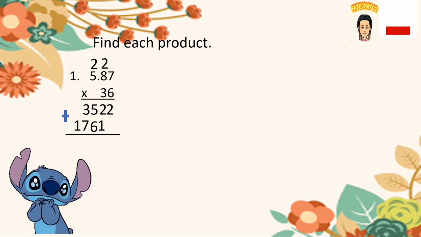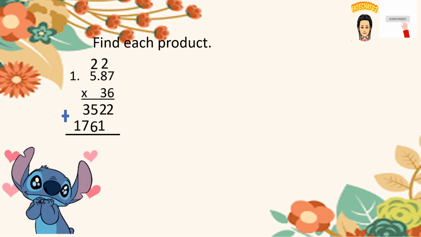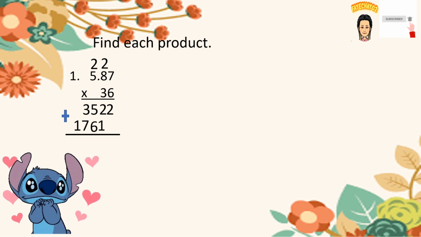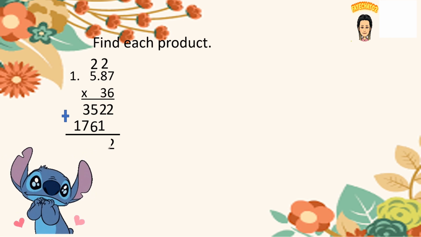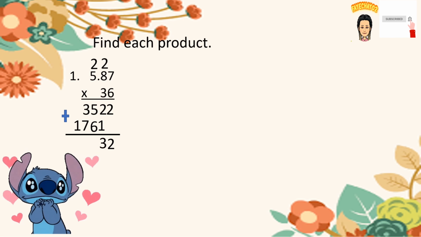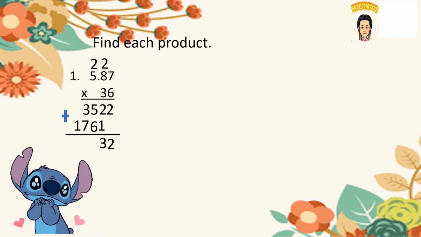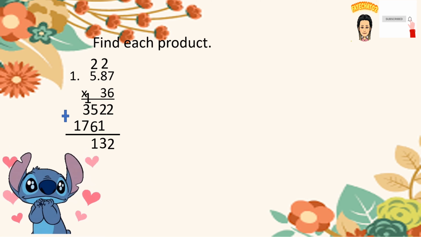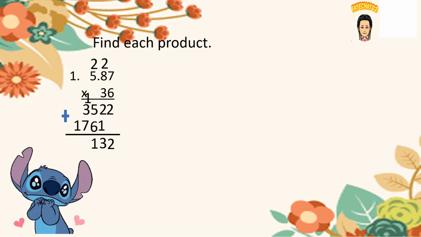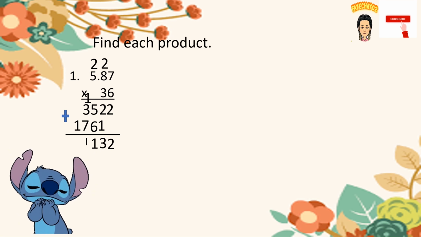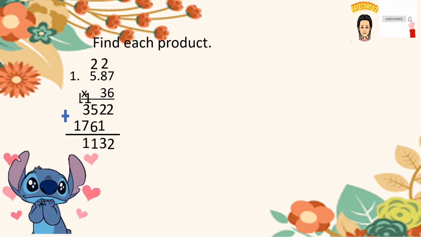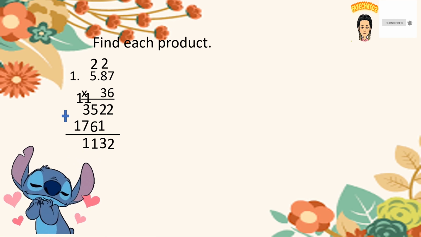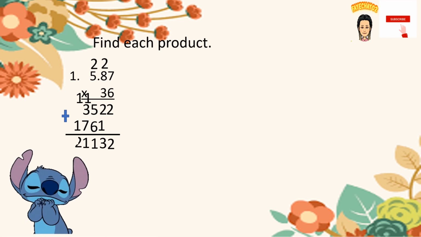Then, get the sum of the two products. 2, bring down 2. 2 plus 1 is 3. 5 plus 6 is 11. 1 regroup 1. 1 plus 3 is 4 plus 7 is 11. 1 regroup 1. 1 plus 1 is 2.